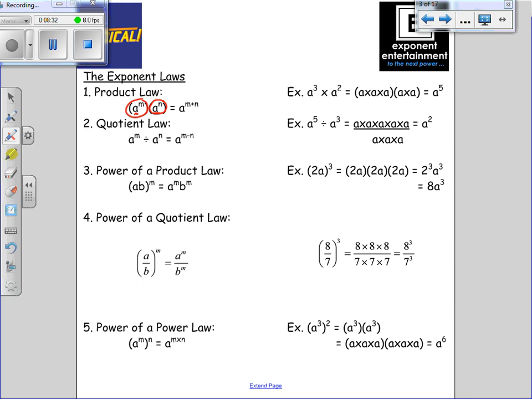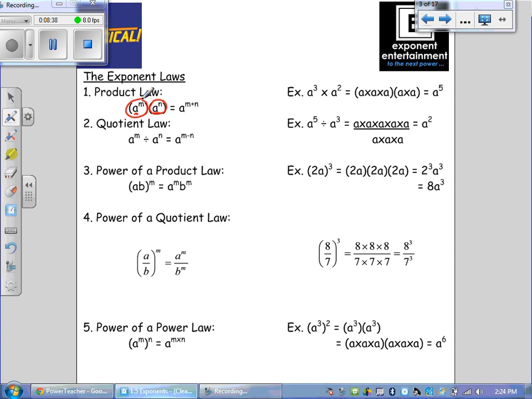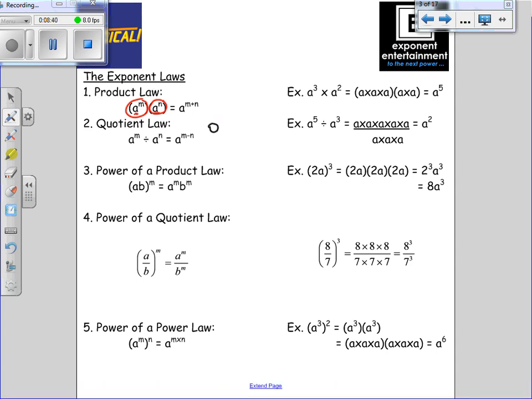The next one, quotient law. You're also going to see it written as this. It's the same thing. That's division. So a to the power of m divided by a to the power of n. You subtract the exponents.